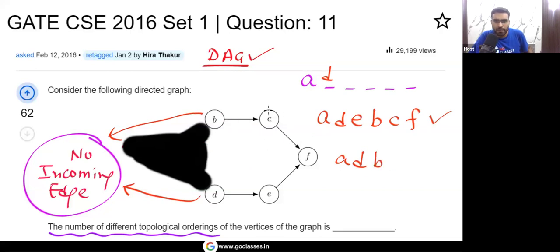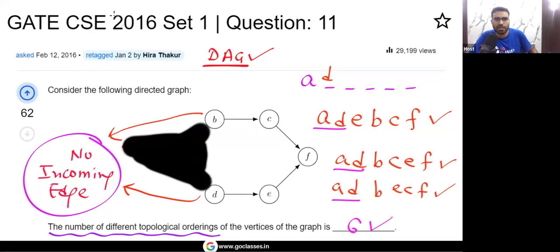But after deleting B, either I can take C or I can take E. So I will get either CEF or ECF. So these three. So finally, the answer will be a total of 6. Is this clear?